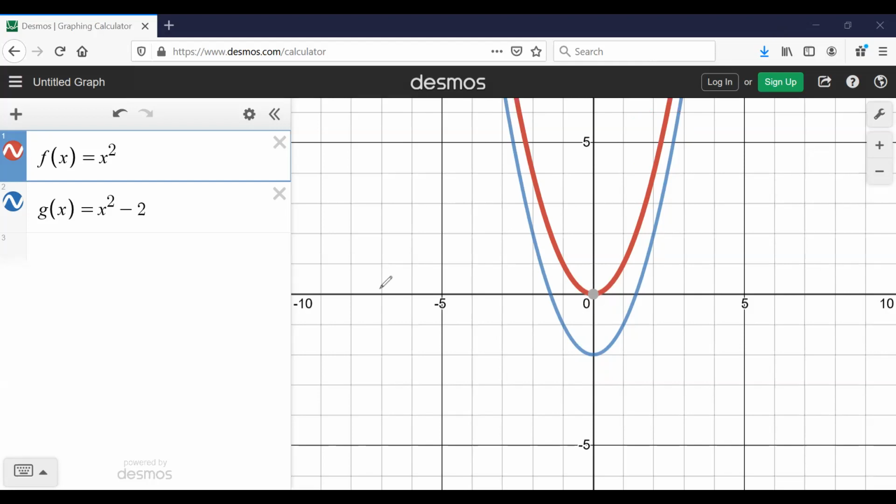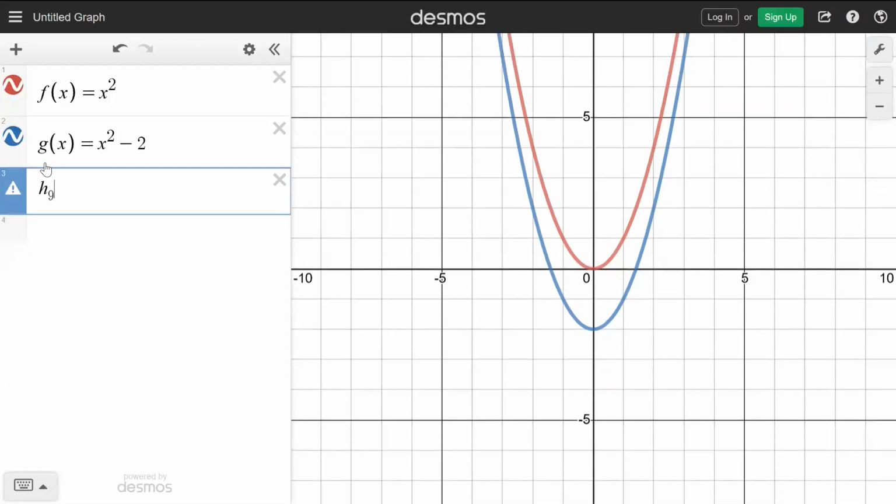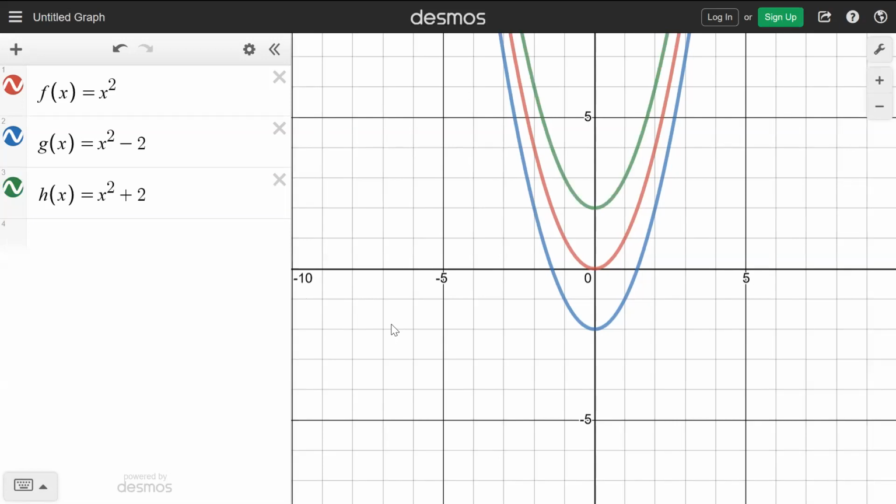Let's see what happens if we now graph a function where we take x squared and add something to it. So now we're going to do h of x equals x squared again, but this time we're going to add 2 to the function. And notice what happens here to give the green function.